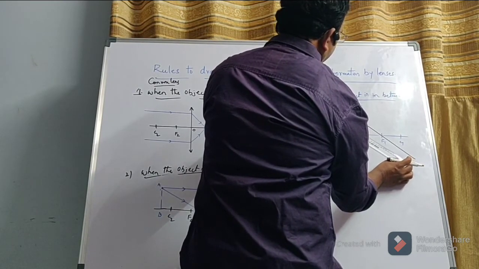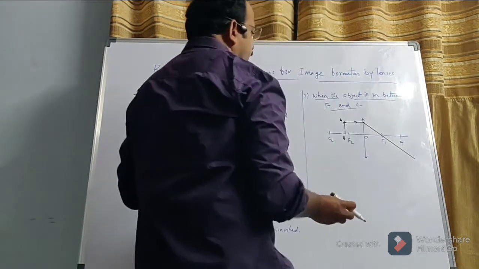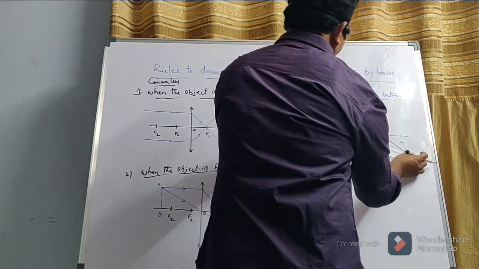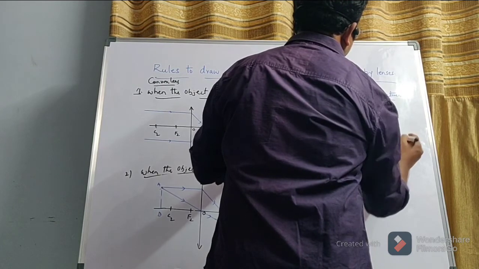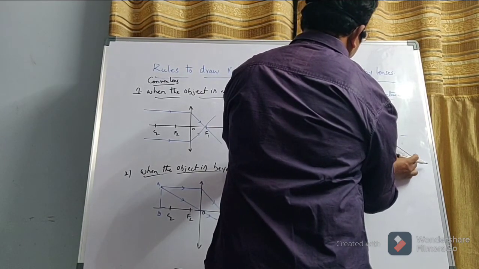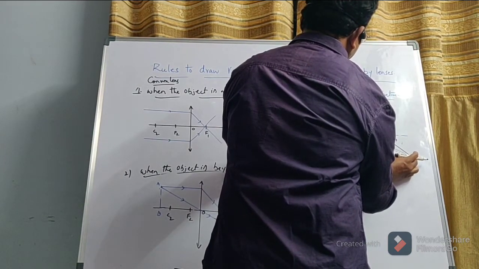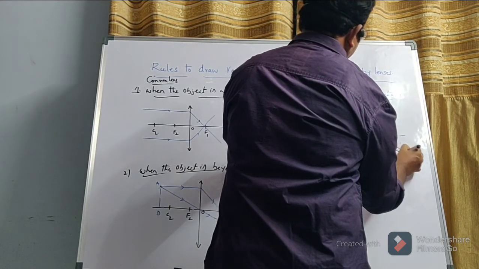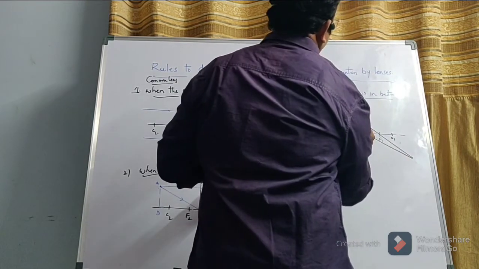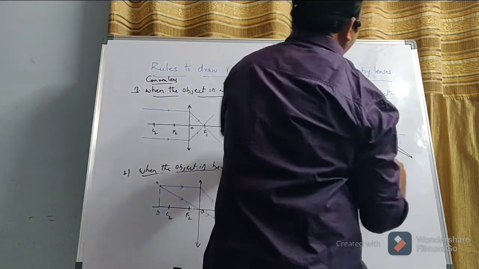So we can do like this, next this is C1, so we can do like this. In this case, the image is formed here.